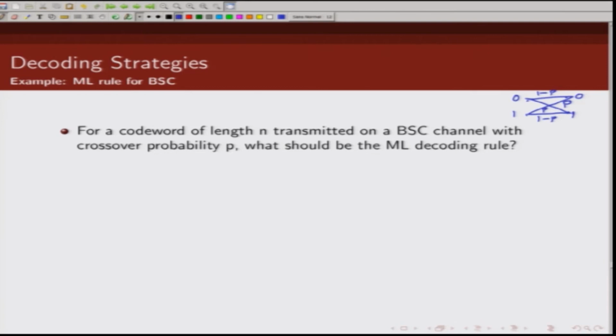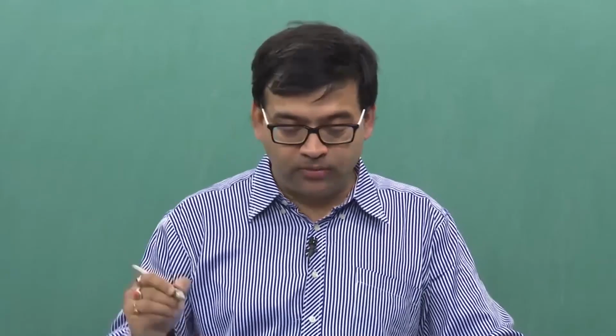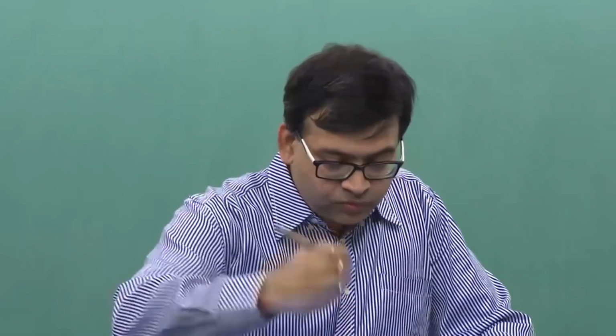If a code word of length n is transmitted over a binary symmetric channel whose crossover probability is p, what should be my maximum likelihood decoding rule? So, how do I solve it?